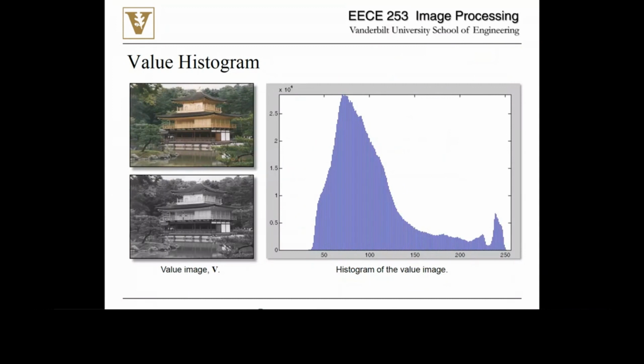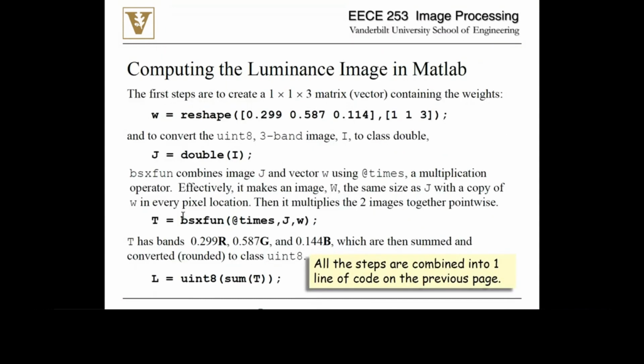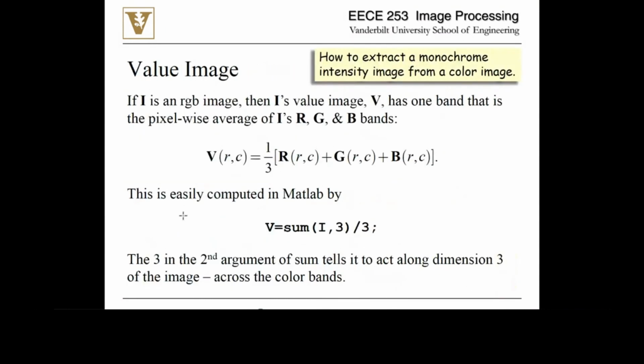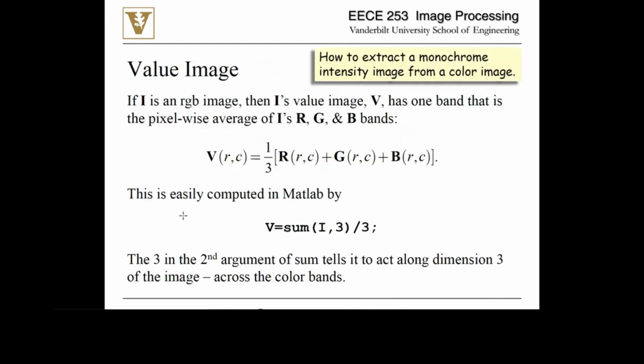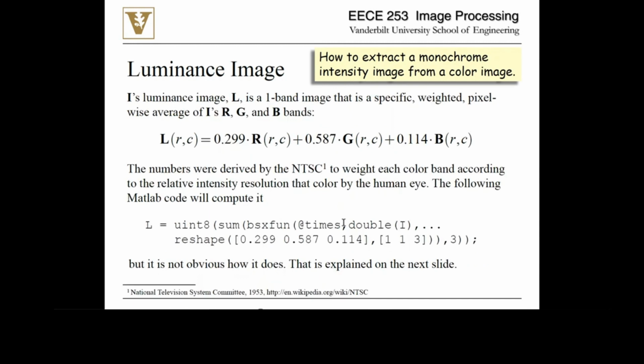Okay, so what is one sensible way of doing that? There are many possibilities. The most obvious one is to compute something that is called the value image. The value is simply the average of the 3 channels at that point. Here is how to do that in MATLAB. The other one is this luminance.